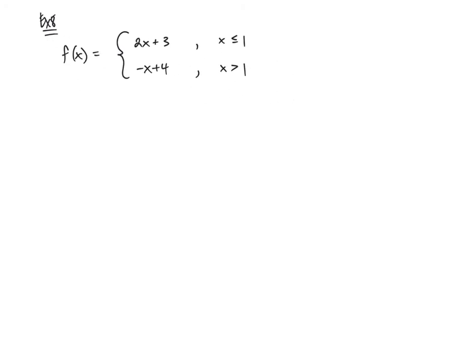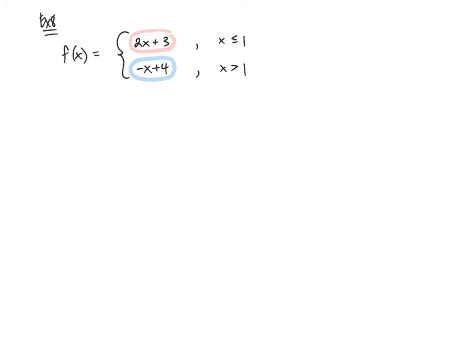First of all, you should recognize right away that the first one is a linear piece, and the second one is also a linear piece. So because they're lines, you only need 2 points to graph them.